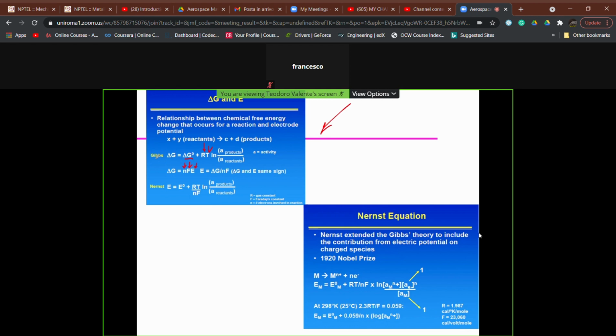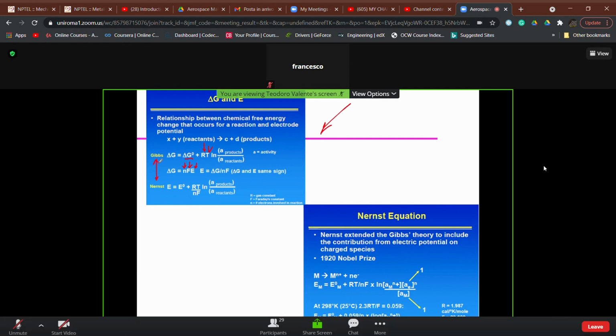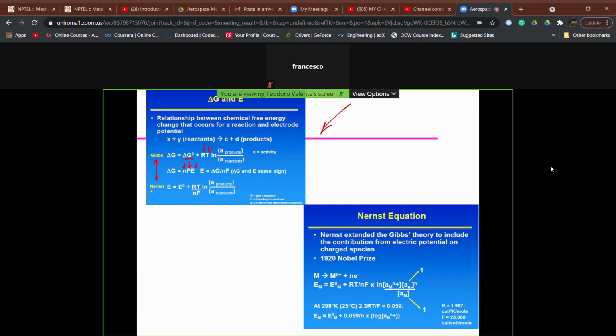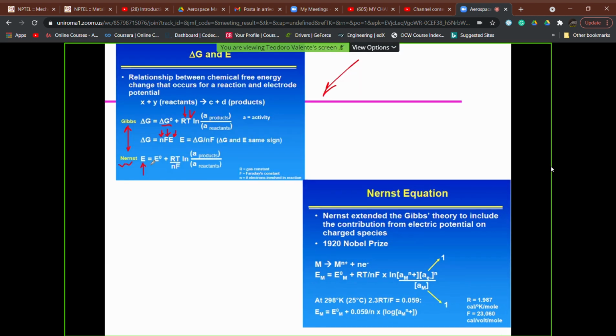So they are linked to each other, and the general expression of the potential of the single corrosion cell defined by the Nernst equation, I remind you, is E, the potential, equal to the potential which is evaluated in standard condition, which is also tabulated.